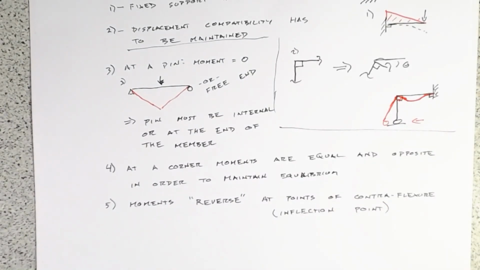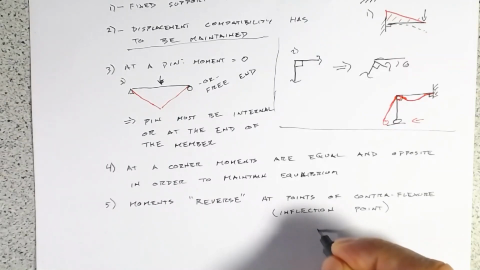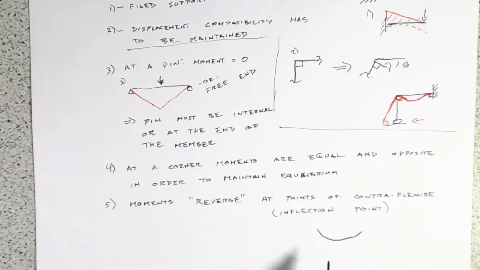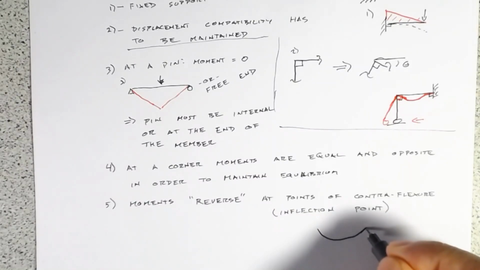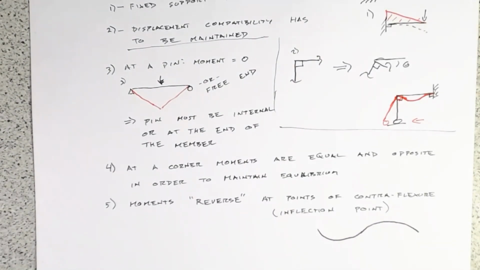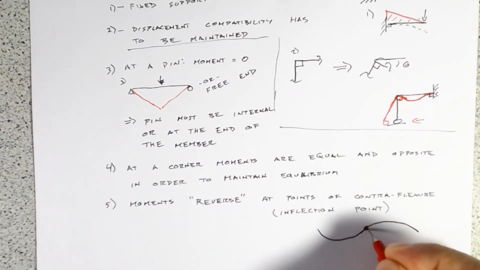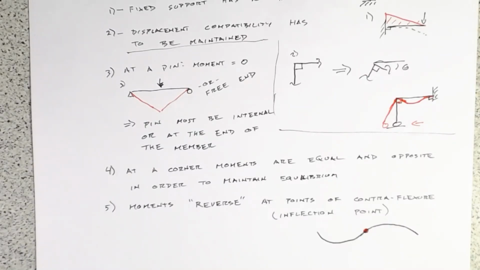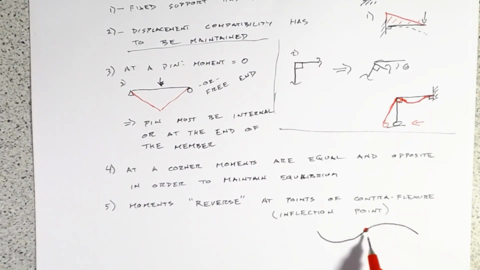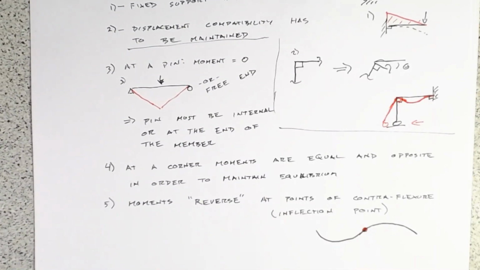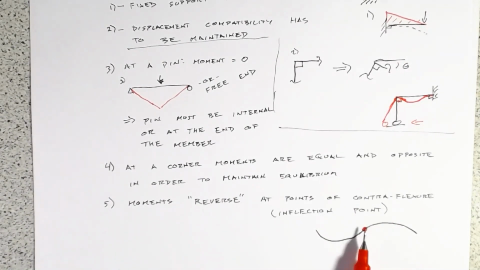You might have thought of an inflection point in math, where you've got a curve which is going this way, and then all of a sudden it goes this direction. The little red dot here is our inflection point. That's where we change curvature, so we change the sign of our curvature. We have a positive curvature, and then we switch to a negative one. And right here where we have this inflection point, if this were a structure which had a moment, we'd find that the sign of our moment would change between this side and this side at this point.